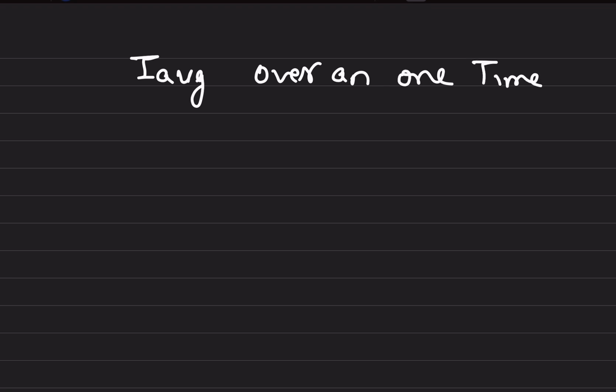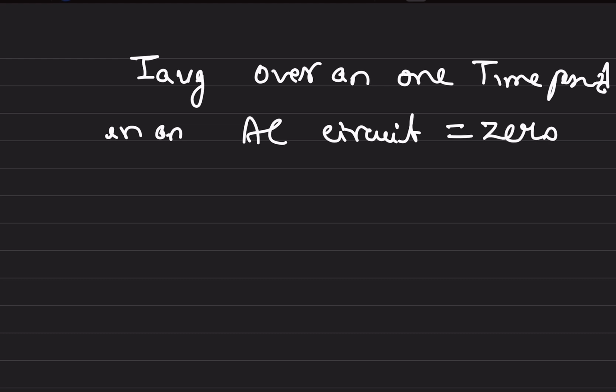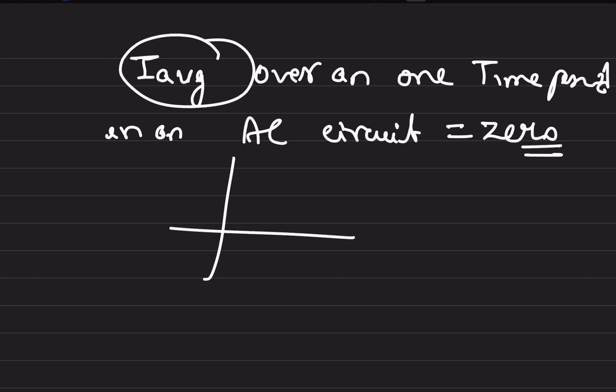Here the average current, I average, over one time period in an AC circuit is equal to 0. Suppose this is the cycle.